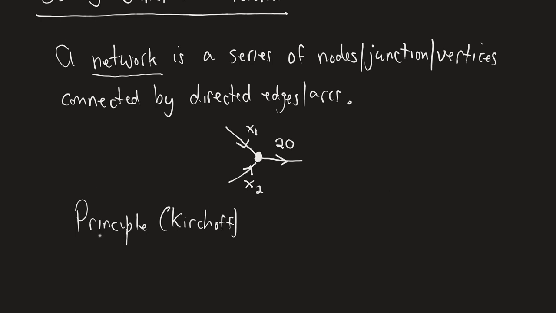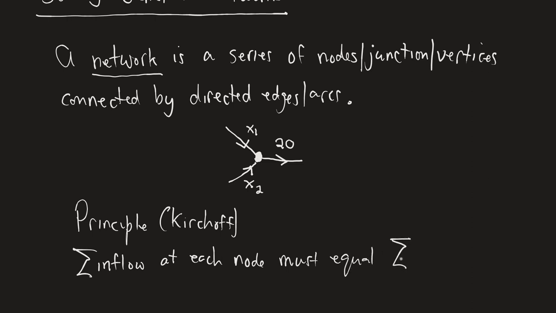And this is his principle: the sum of the inflow, so the sum of everything that's flowing into a node, at each node in your network must equal the sum of the outflow. A very, very simple principle.